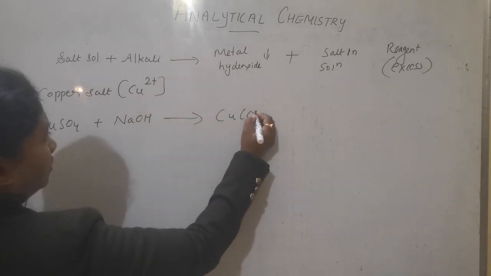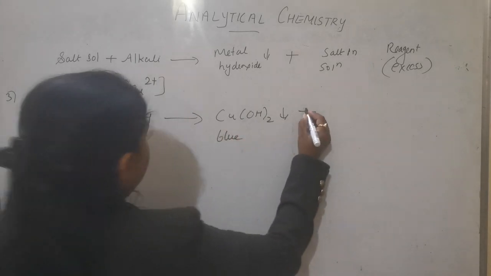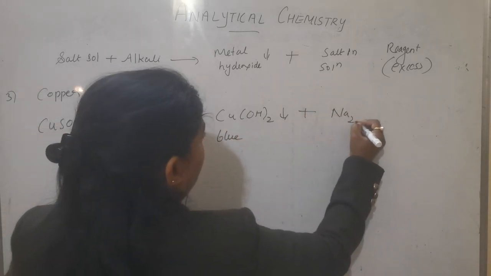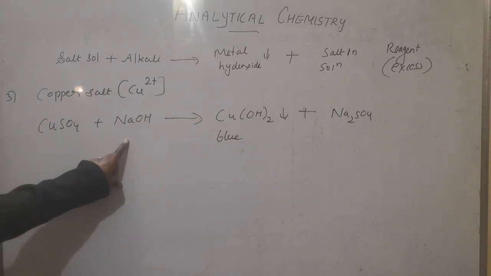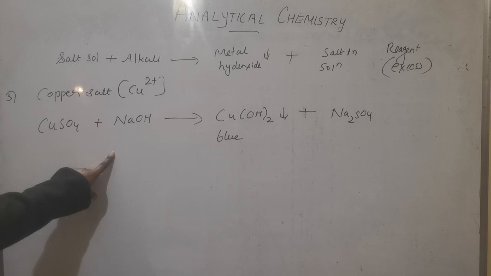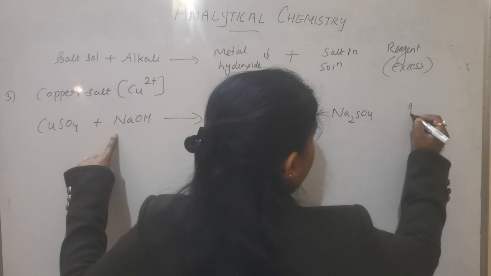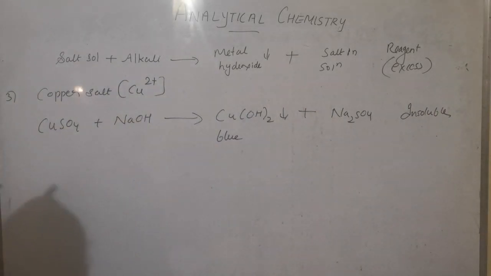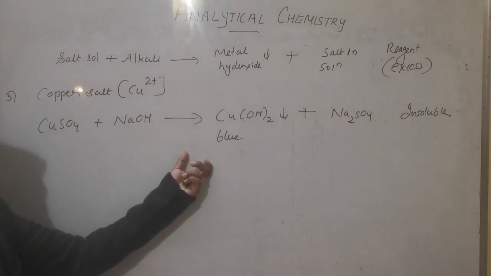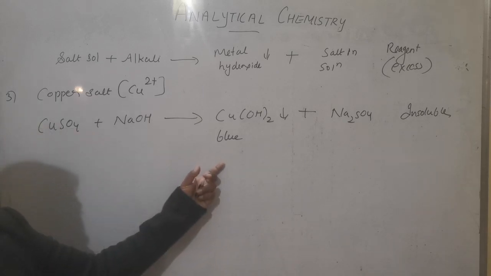You will get metal hydroxide precipitate, which will be of blue color, and then Na2SO4, which is colorless in solution. And what would happen if you add excess of NaOH? The precipitate will remain insoluble. So in calcium salt, we got a white precipitate. With iron, we got green and reddish brown precipitates, and with copper, we got a blue colored precipitate.